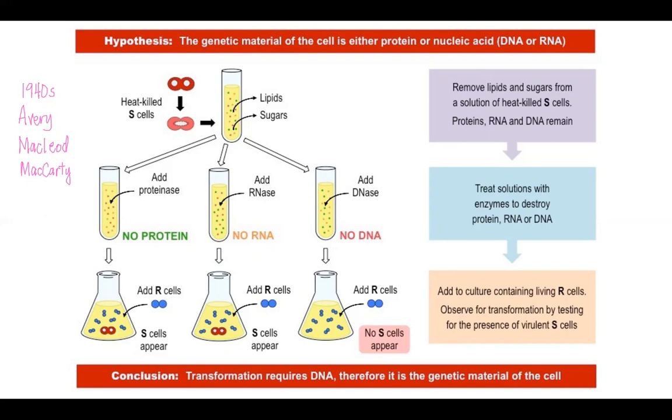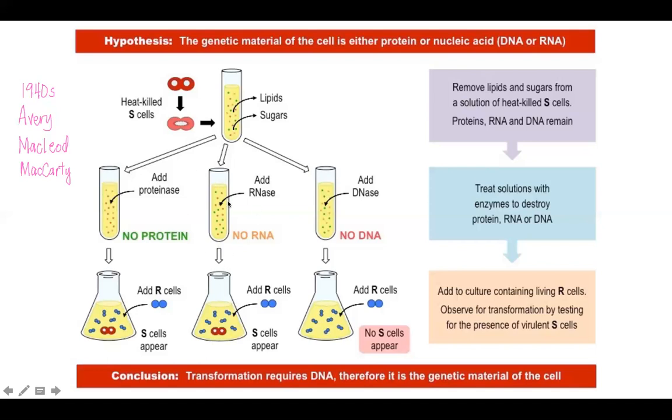So they separated this solution into three. In the first solution, they added proteinases, and these enzymes destroy your protein. So there are no protein molecules in the first solution.